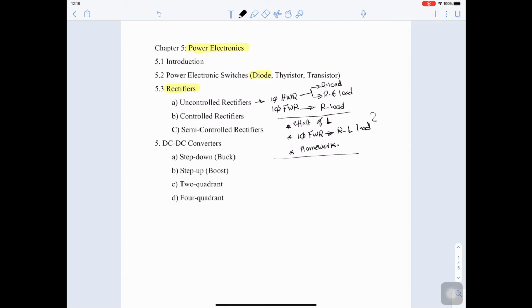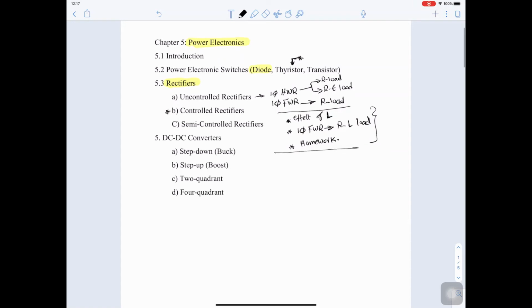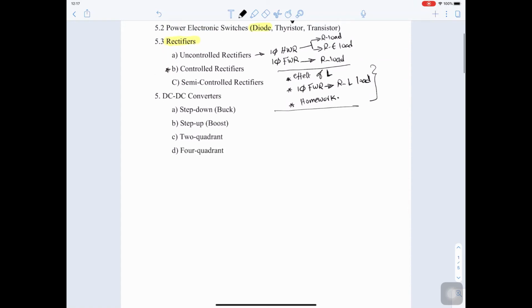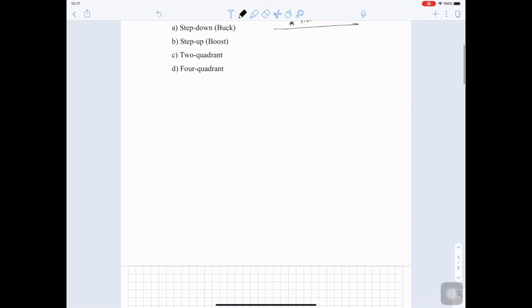And after we finish these, we will go to thyristors and we will start our controlled rectifier part. So let's start with the effect of inductance.